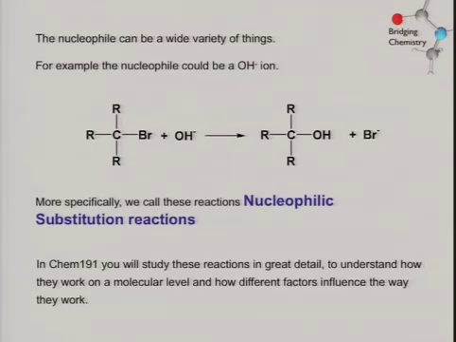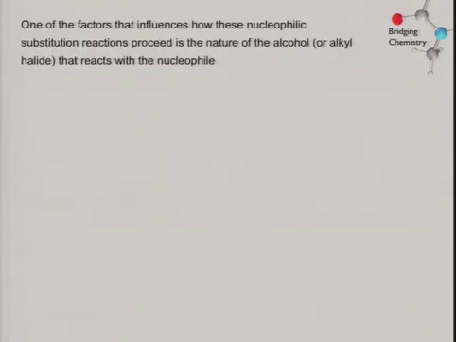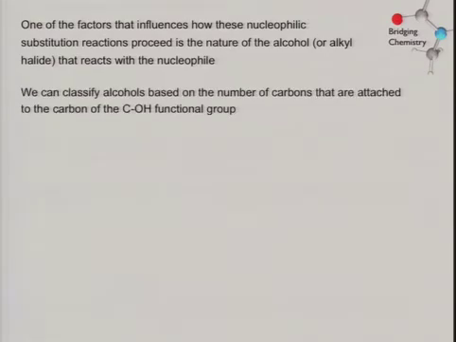One of the things which will affect how it works is the actual type of alcohol or alkyl halide that you're using. So in other words, what we care about is what the R groups actually are. It turns out that we can classify alcohols or alkyl halides based on the number of carbons that are attached to the carbon which has the OH group on it.